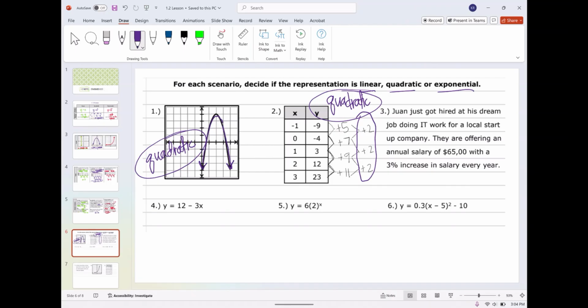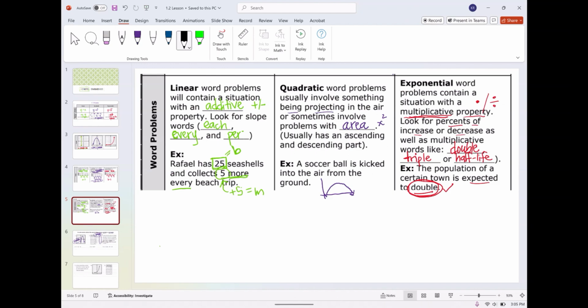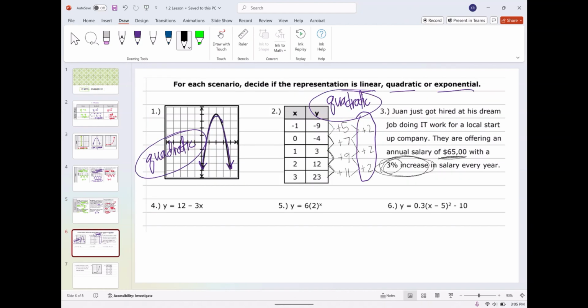Example 3, we have Juan just got hired at a job. They're offering him an annual salary of $65,000 with a 3% increase in salary each year. So which function type involves increasing by a percent? That's going to be our exponential type.